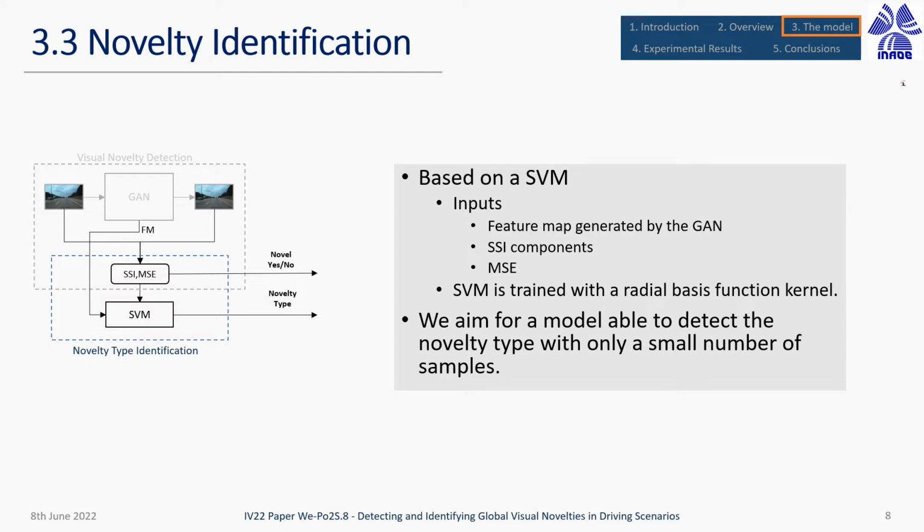The support vector machine is trained with a radial basis function kernel. In general, we aim for a model able to detect the novelty type with only a small number of samples. This is because of the novelty context.